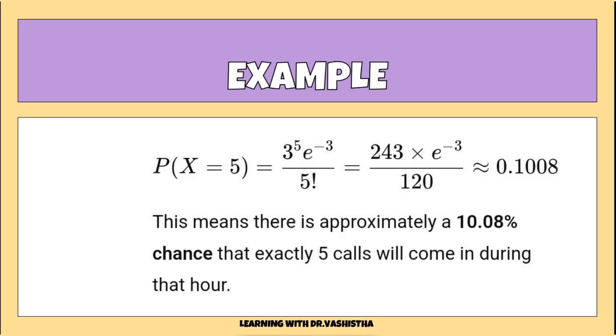Lambda becomes 3, k becomes 5, e's value is already given, which is a constant. So the value comes out to be approximately 0.1008, which means that there is approximately a 10.08% chance that exactly 5 calls will come in during that hour. So that is how it works, and that is how it is applied.